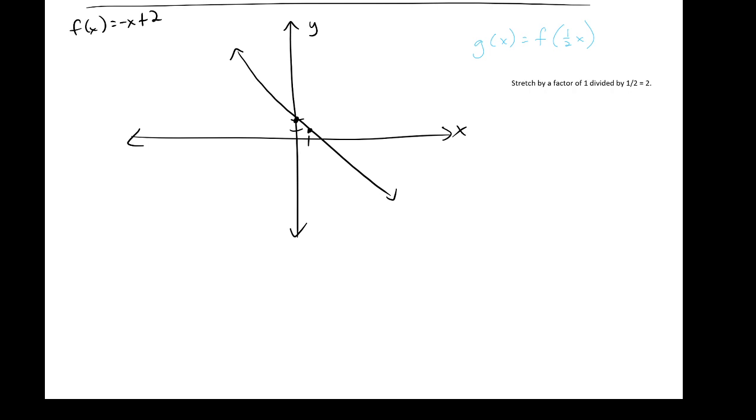It's going to be the exact same y-intercept. But my slope was negative 1. I'm going to multiply that slope by 2. So it's going to be down 2 before I go over 1. We're going to connect our dots.